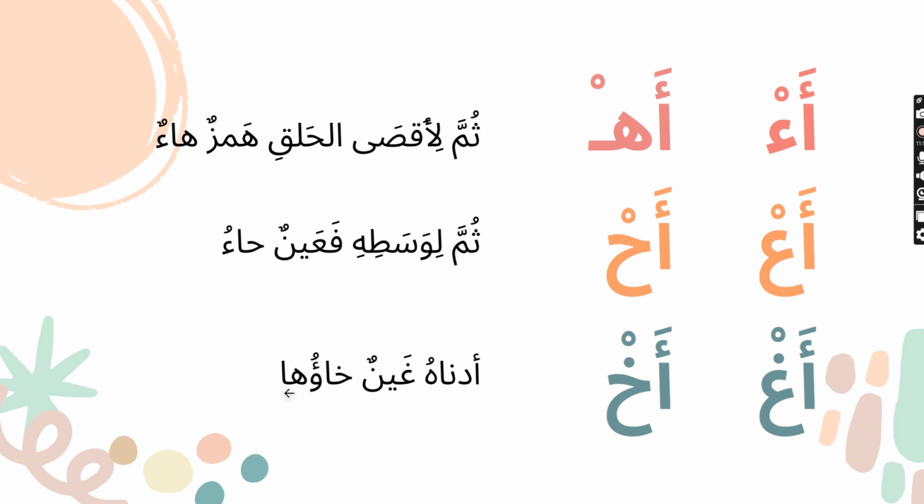So how come he's putting this, kha'uha, and her kha? Why did he relate the kha to the ghain? Why did Al-Jazri relate the kha to the ghain? Because both share the same exit area and all the characters but one.